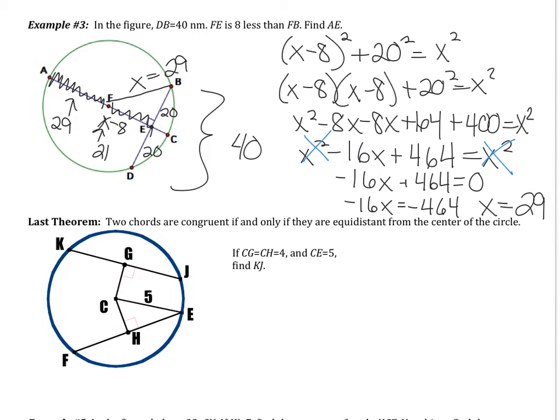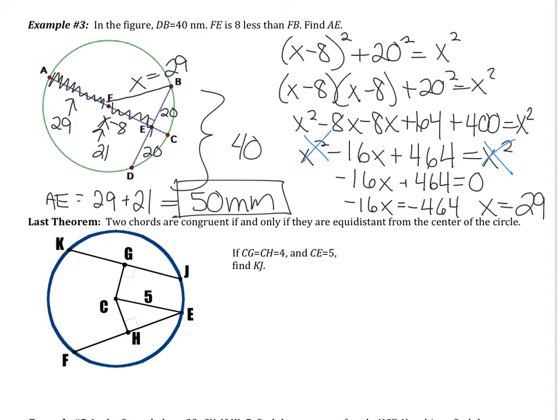All right, so the entire length of AE is going to equal 29 plus 21, I would get 50 millimeters. Okay, so that one was a little bit tricky because once you find your value of X, you had to use it twice in order to find the entire radius.